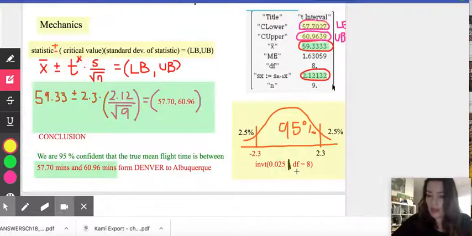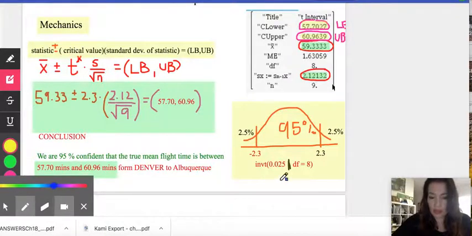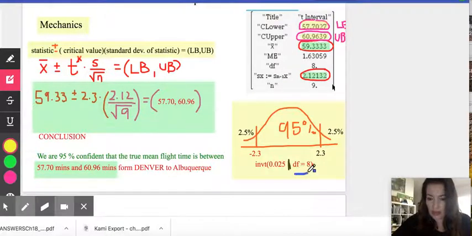But the important thing here is to enter the degrees of freedom. You should always enter your degrees of freedom under your mechanics. So our degrees of freedom is equal to 8, which is n minus 1.